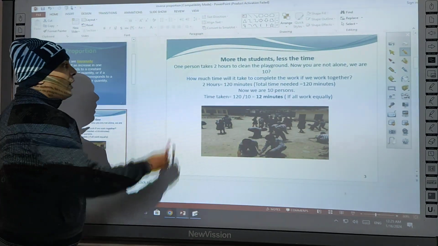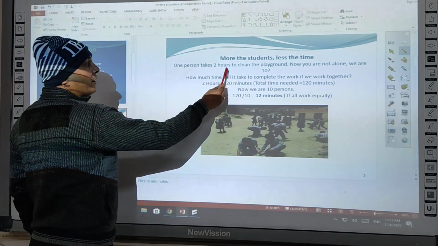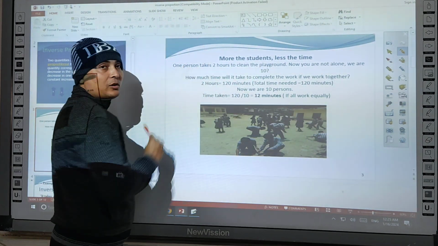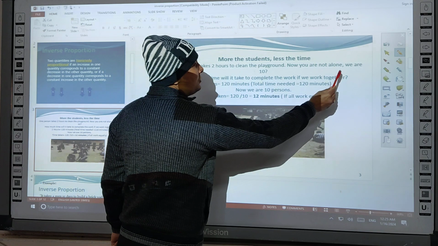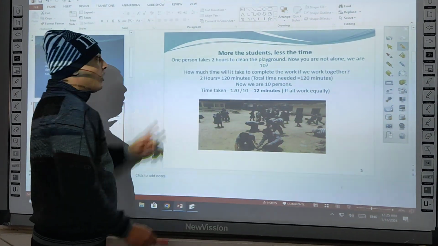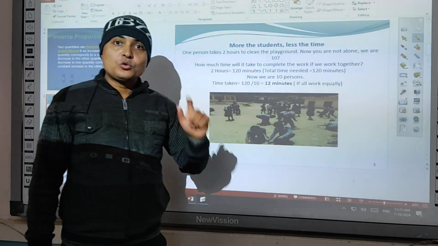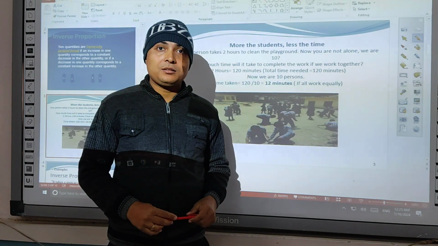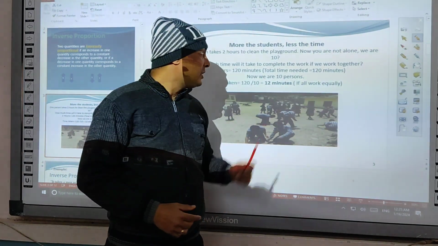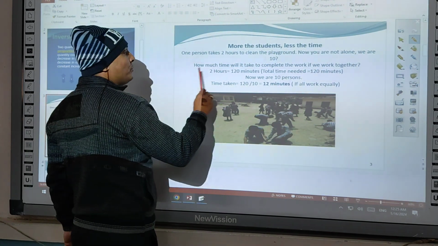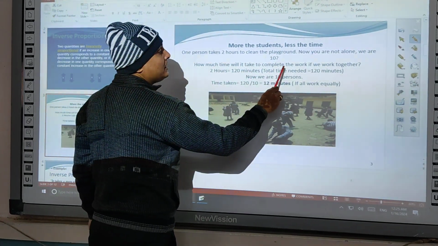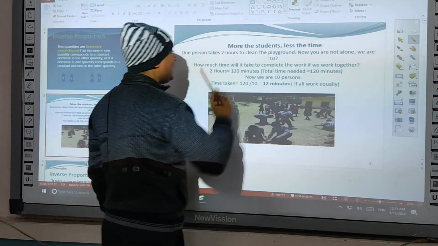See here, one person takes 2 hours to clean the playground. Now you are not alone, we are 10. So when there are 10 students, surely they will take less time. How much time will it take to complete the work if we work together?